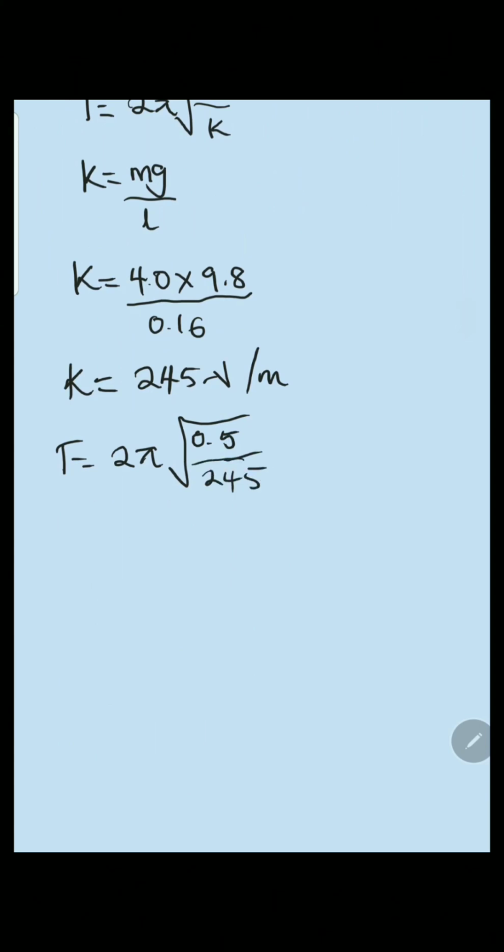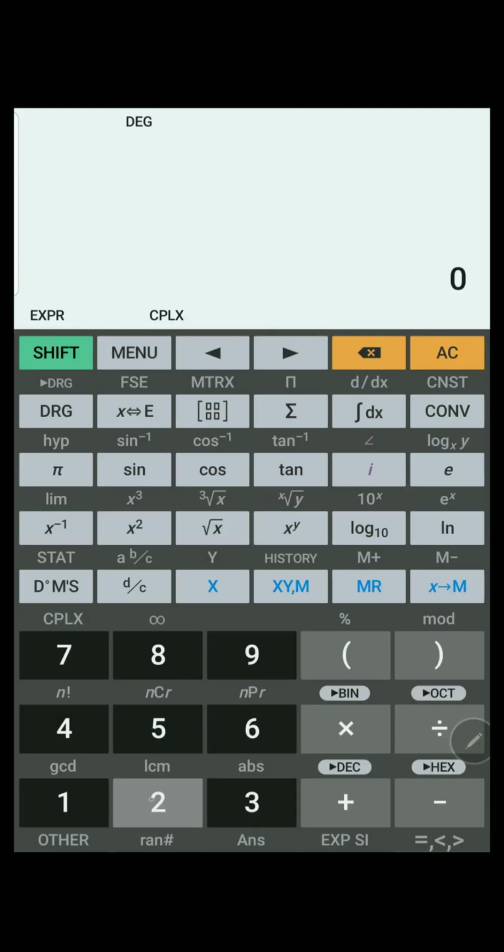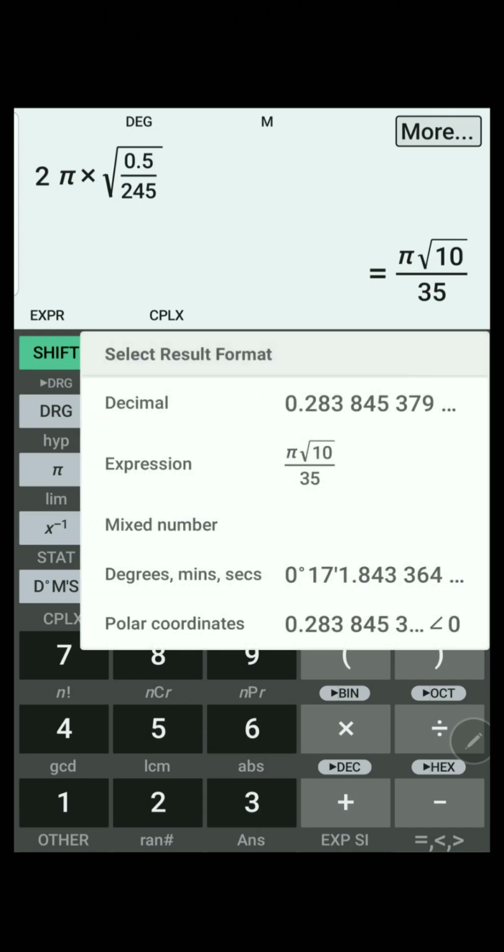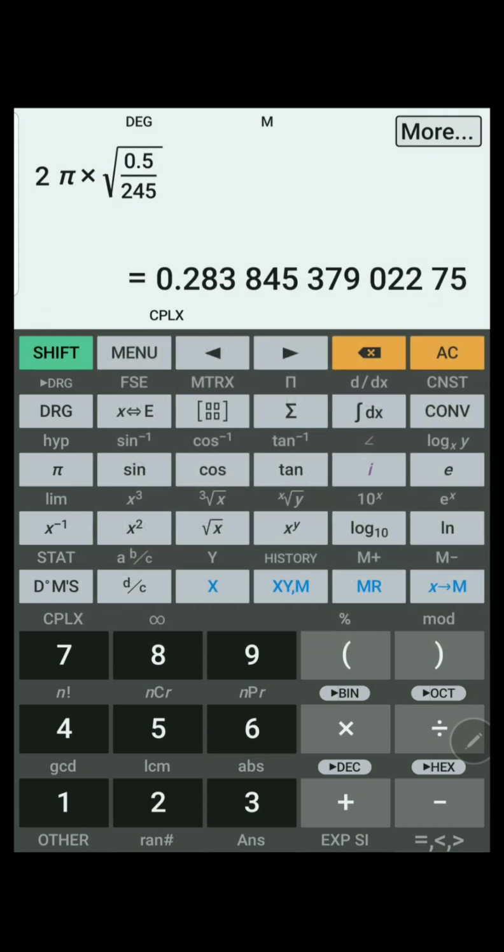Okay, so let's do the calculation again. We have 2 multiplied by π, multiplied by the square root of 0.5 over 245.